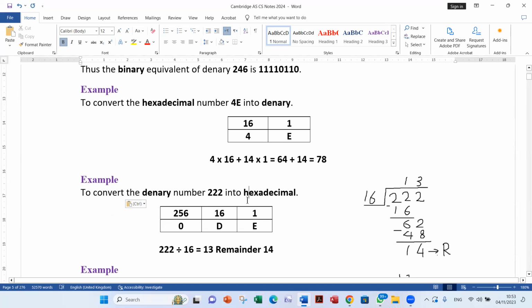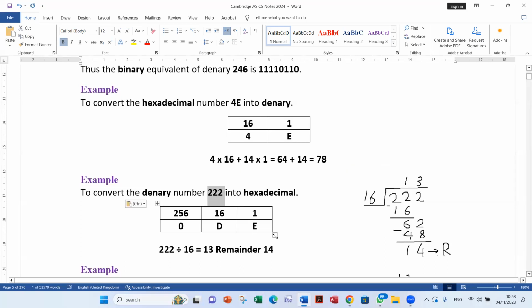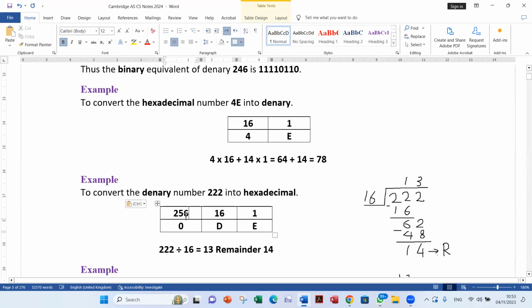Okay, so you have 222, and your weights for hexadecimal are 1, 16, 256. I hope that you will be only converting small numbers and you don't have to deal with the 256. In that example, we have 222, which is smaller than 256. So you need to put here a 0 and get rid of that.